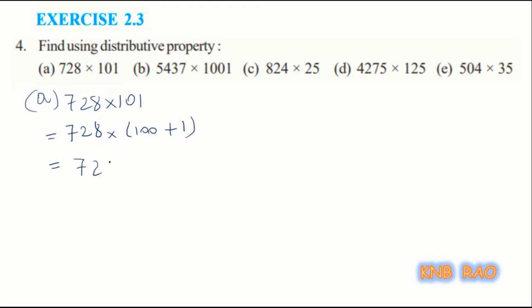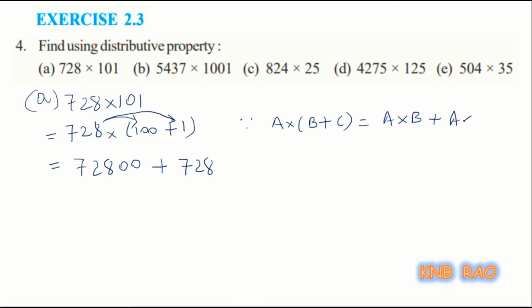Now 728 multiplied to 100 gives 72,800 plus 728 multiplied to 1 gives us 728. Since the distributive property tells A into B plus C is A into B plus A into C. So, we have used multiplication over addition, the distributive property.